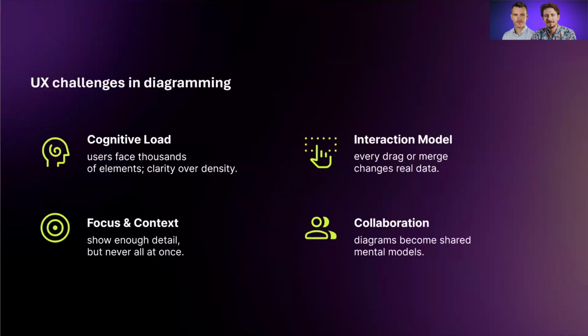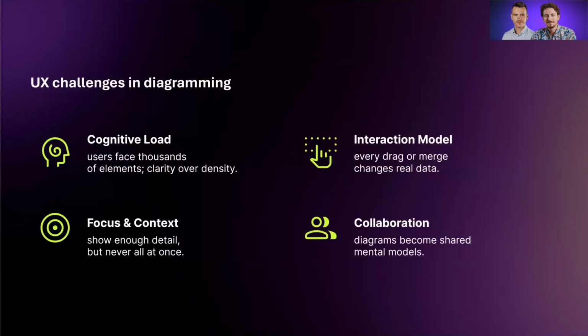And yeah, there are a couple of challenges within diagramming in terms of UX, like the cognitive load. In some of the examples that we've shown, that was one of the main things at the beginning, besides performance, when trying to display a couple of thousands of objects.